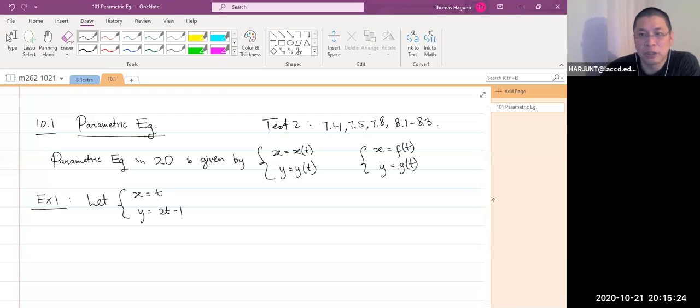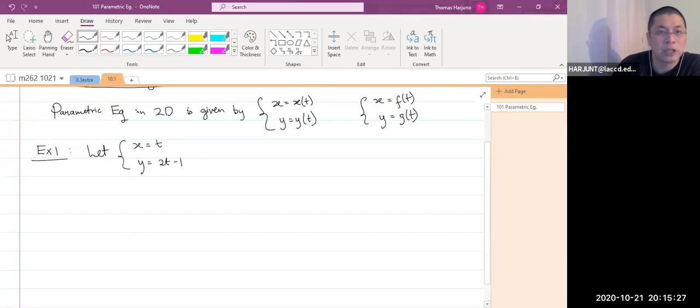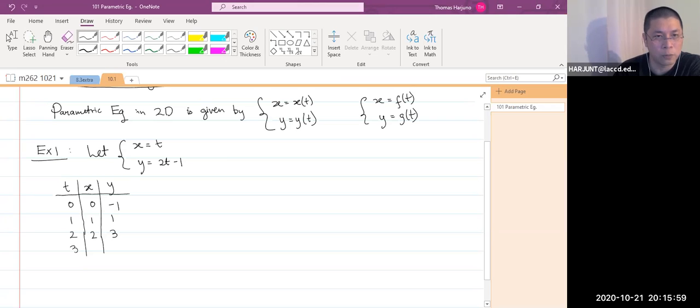Suppose I try to sketch this graph, then I will do a 3-column table: t, which gives us x and y. So for example, when t equals 0, x is 0, y is -1. When t is 1, x is 1, y is 1. When t is 2, x is 2, y is 3, and so on and so forth.